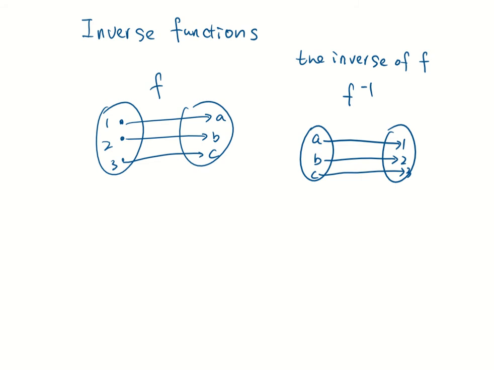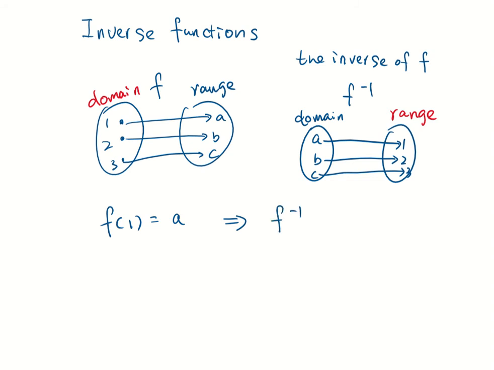And you can see here the domain of f is equal to the range of the inverse of f, and similarly, the range of f is the same as the domain of the inverse of f. Since f of 1 is equal to a, we can conclude that the inverse of f will map a to 1.